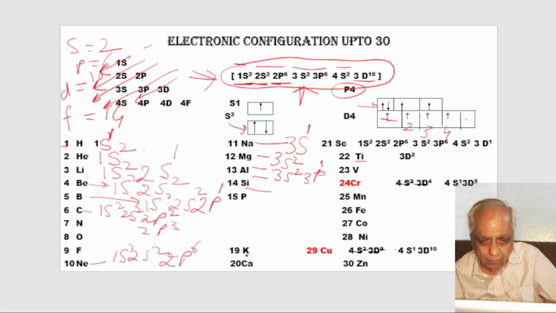And then what would be potassium? 19. So first we will write 10. These are my 10. Then I have to write 9. So 9, I will get 2 and 6, 8. And 1 would be from here. So here this is 10. And then I will get 3s2, 3p6 and 4p1.